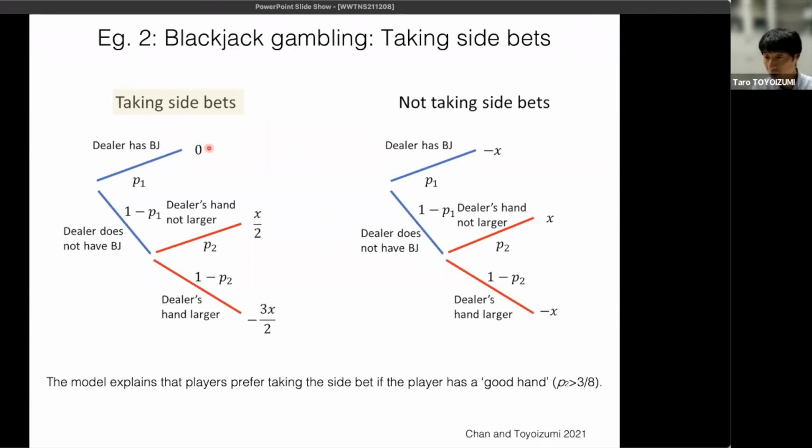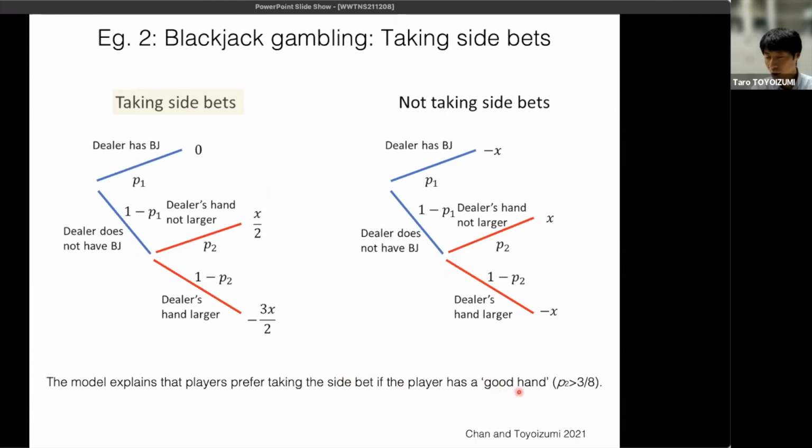The outcome is 0. But in other cases, you have to pay the premium for taking the side bet. And if you don't take the side bet, it's a standard game. The interesting thing is that the player tends to take the side bet insurance, even if the player's hand is rather good.